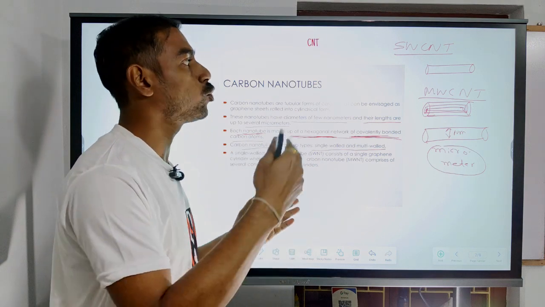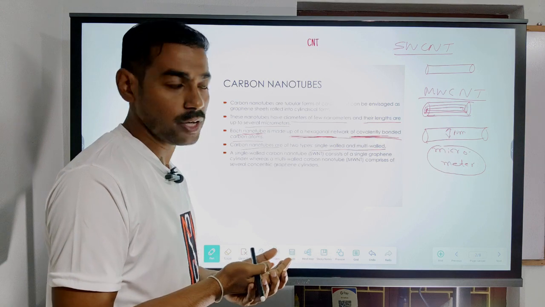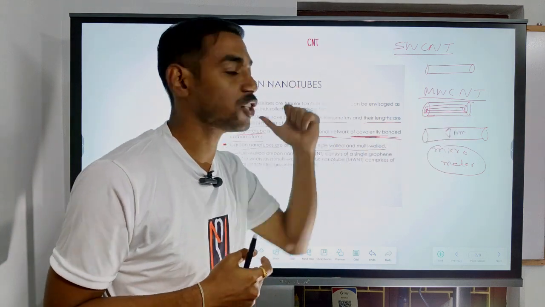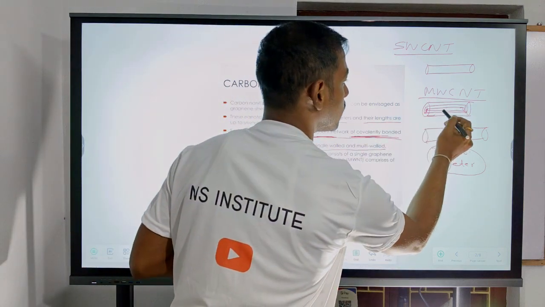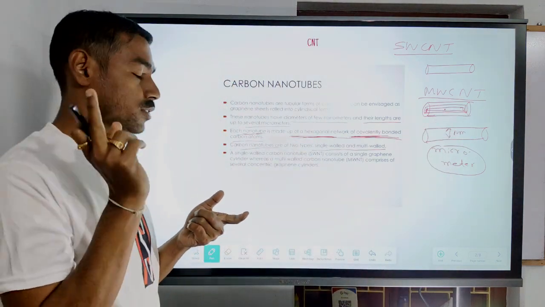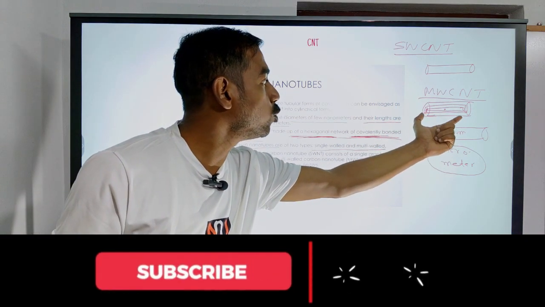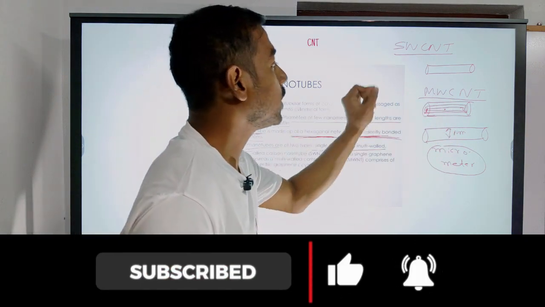It can range from 2 to 10 graphene sheets, and they can be arranged concentrically in this tubular shape. Concentrically means that the center of each of these tube-shaped graphene sheets will be the same.